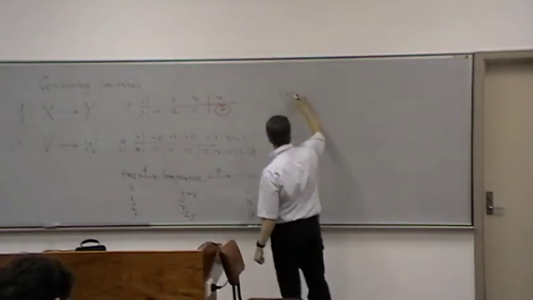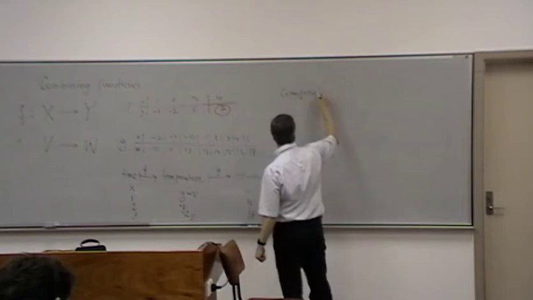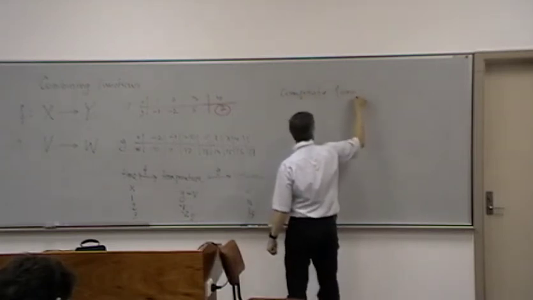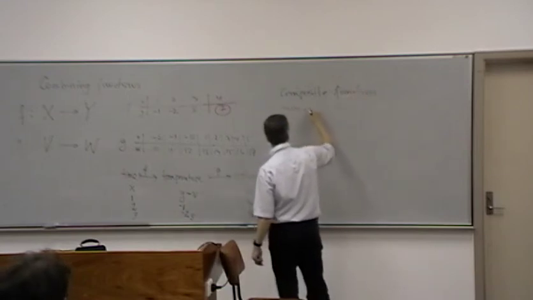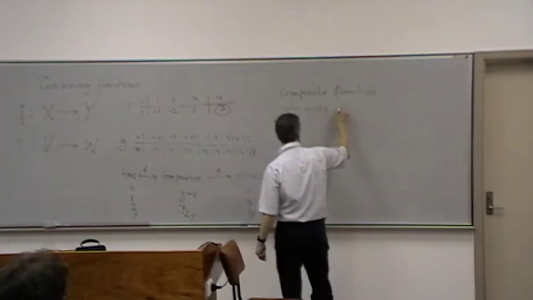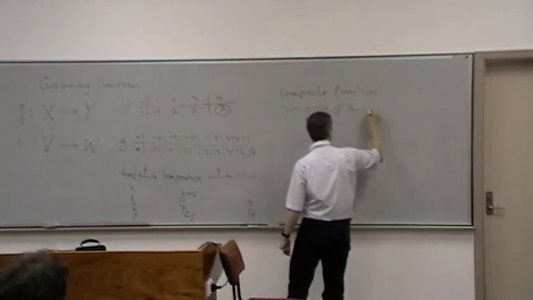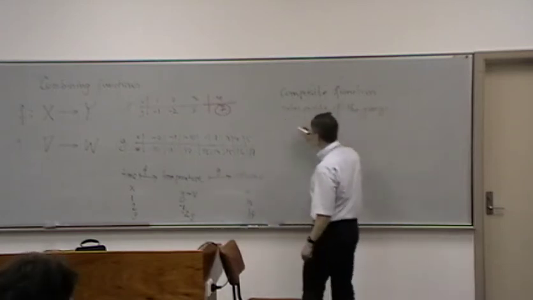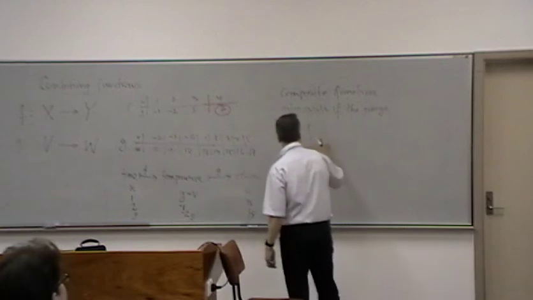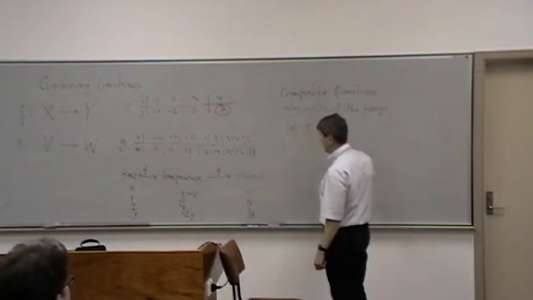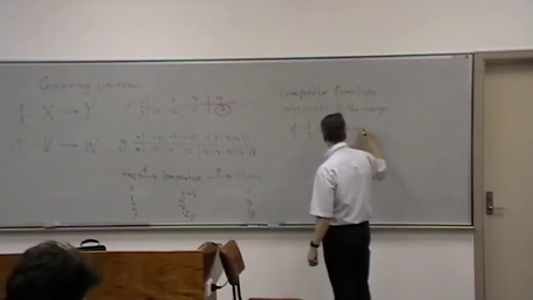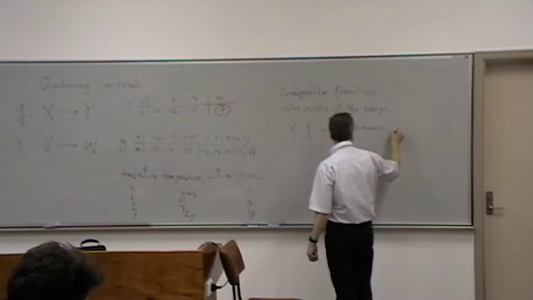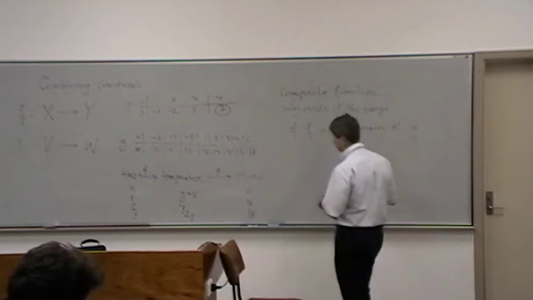So the composite function only exists if the range of f, the first function we apply, is in the domain of the second function.